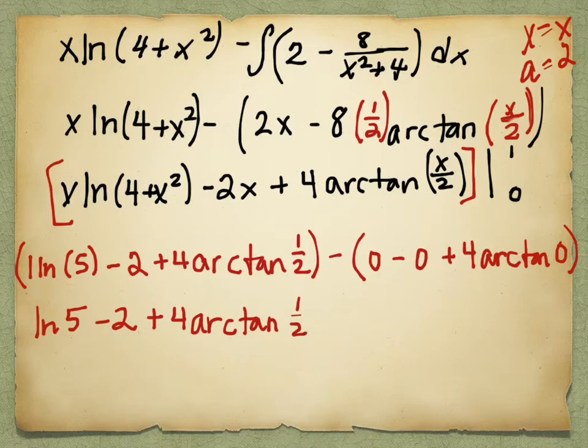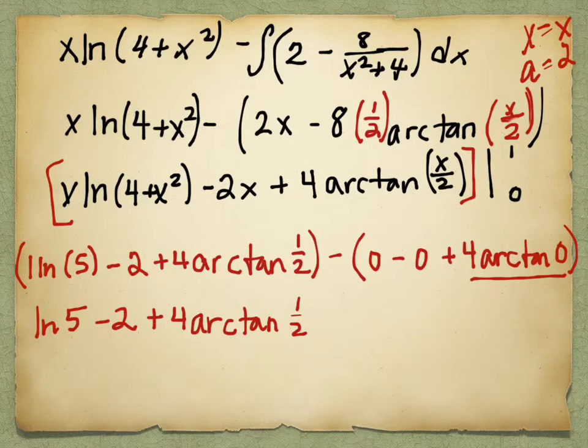The other portion that we have is 4 arctangent of 0. Now, arctangent of 0 is the unit circle value. Do you know what the arctangent of 0 is? It is 0. Remember, tangent is sine over cosine. So in essence, you want sine over cosine to be equal to 0. And that happens when sine is 0. And sine is 0 at an angle of 0.